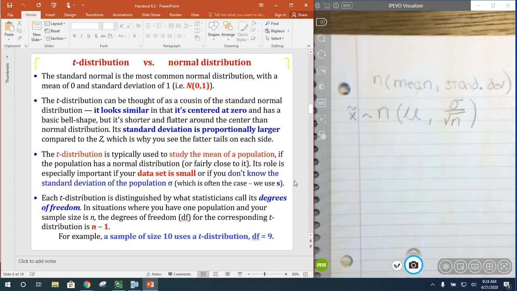The t distribution can be thought of as the cousin to the standard normal. It looks similar. It is centered at 0 still. There's no change there. It has a basic bell shape, but it is shorter. It never goes over the 0, 1 distribution. And it is flatter around the center, and the standard deviation is proportionally larger than z, meaning the tails on the outside are always a little larger.